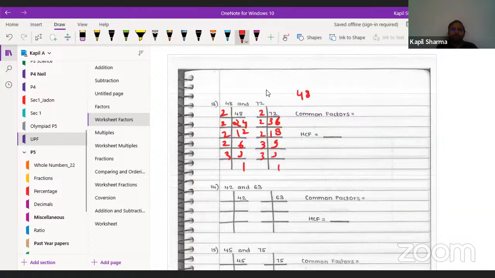Okay, so 48 is 2 to the power 4 times 3. 72 is 2 to the power 3 times 3 square.